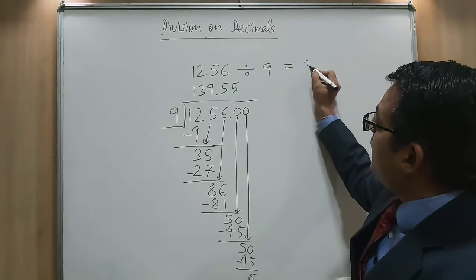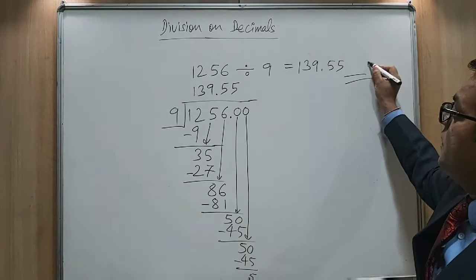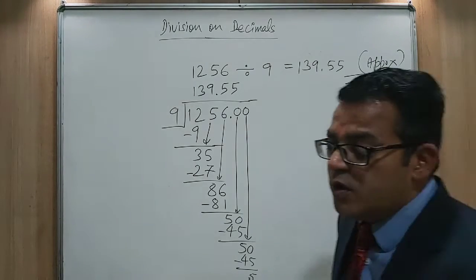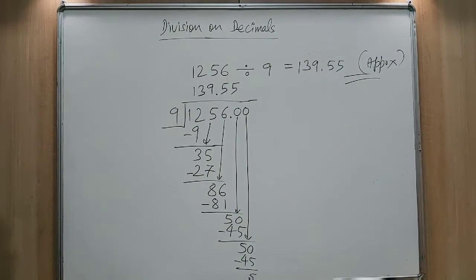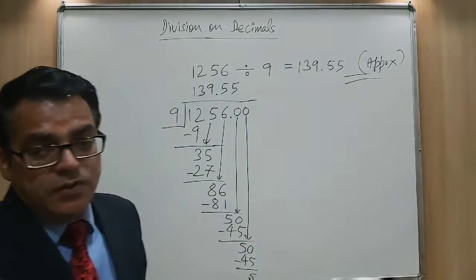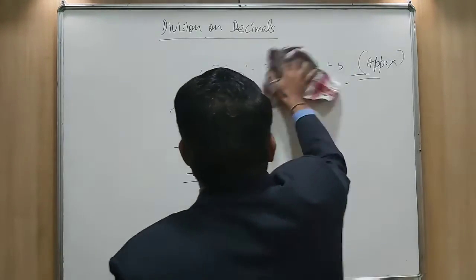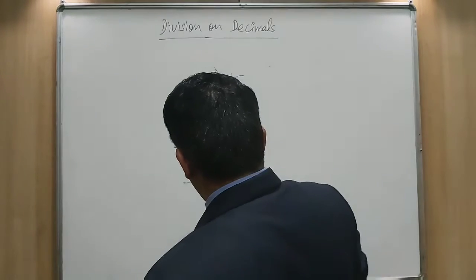So what is the answer here? 139.55 and so on. This is an approximate answer. Why approximate? Because it is non-terminating. We will never get the remainder as 0. So the answer is 139.55.